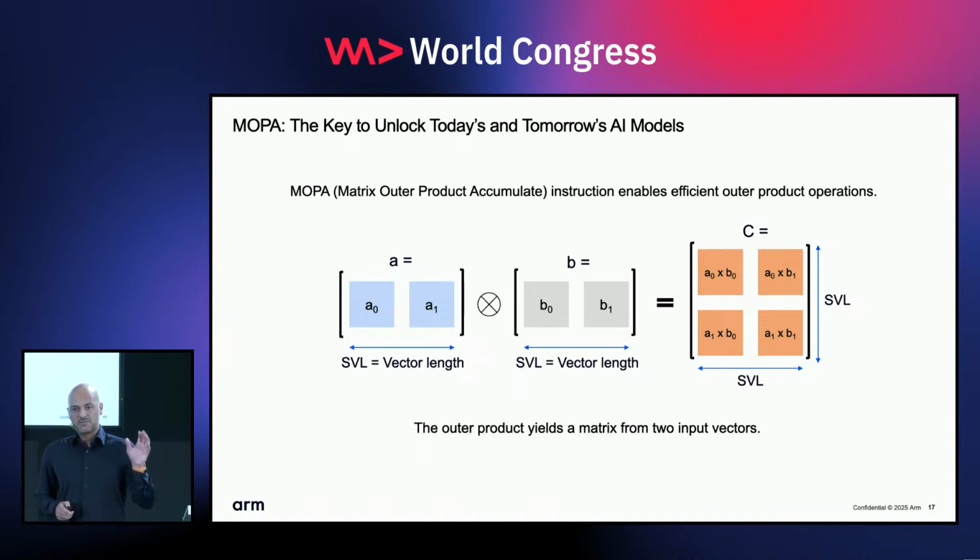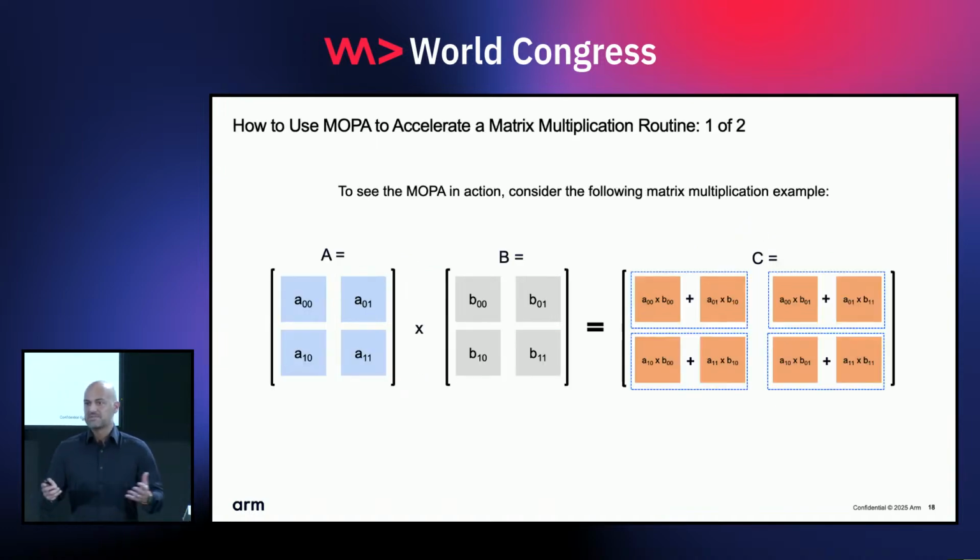MOPA is an instruction that performs the matrix outer product accumulate to enable very efficient matrix multiplication. If you're familiar with the dot product, the dot product returns a scalar value. The outer product instead returns a matrix. Therefore, let's put it in the context of matrix multiplication, with an example where the matrix multiplication is defined as the dot product between a specific row of the left-hand side matrix and a specific column of the right-hand side matrix.